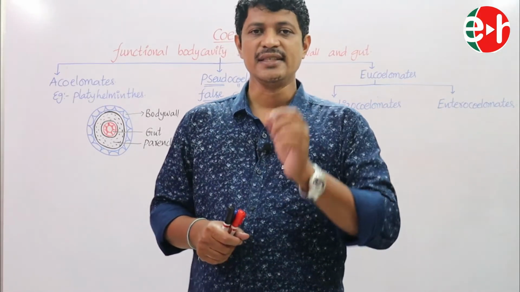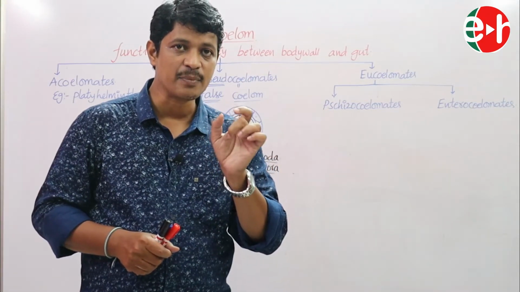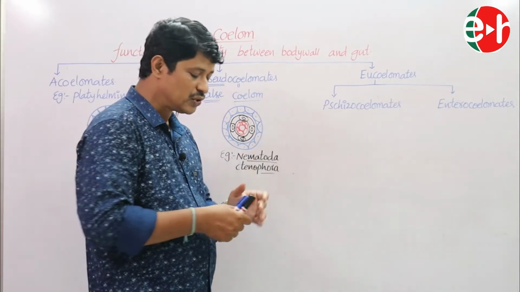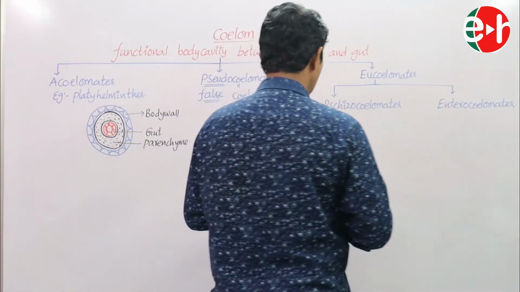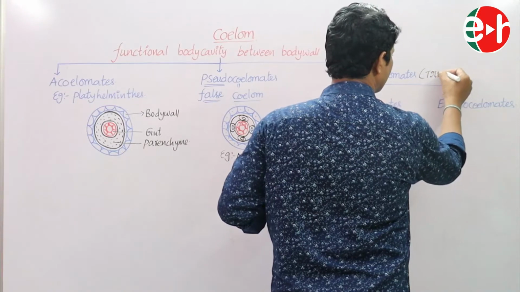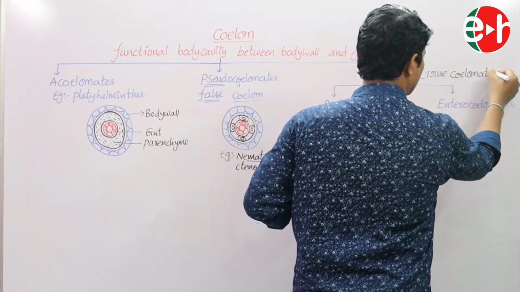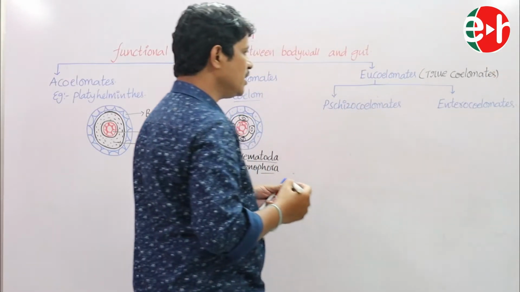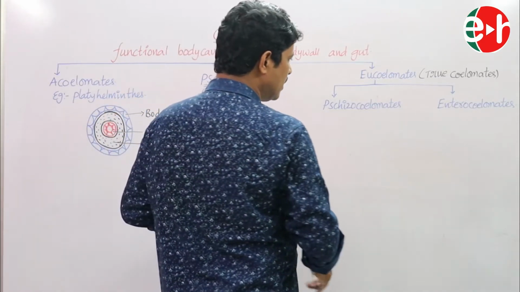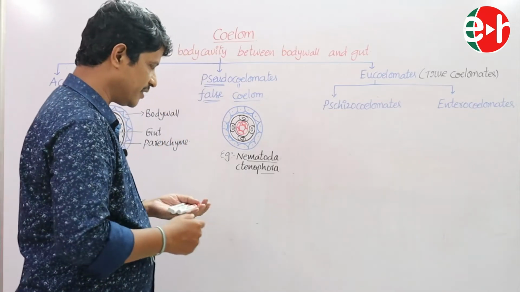If the coelom is lined by mesodermal layers or peritoneal layers, that coelom is called a true coelom. Eucoelomates are nothing but true coelomates. Eucoelomates are commonly called true coelomates. These true coelomates are divided into schizocoelomates and enterocoelomates.